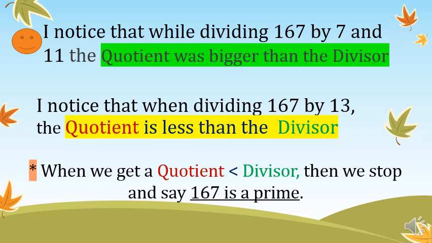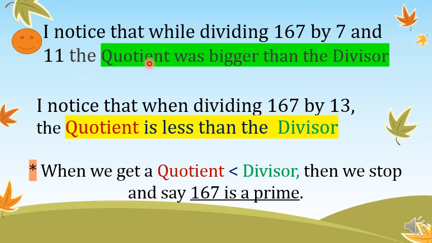I will repeat. First, I check if 167 is divisible by 2, 3, or 5. Then I check if it is divisible by 7. I divide it. There is a remainder. Then I divide it by 11. Also there is a remainder. But I continue dividing. Why?